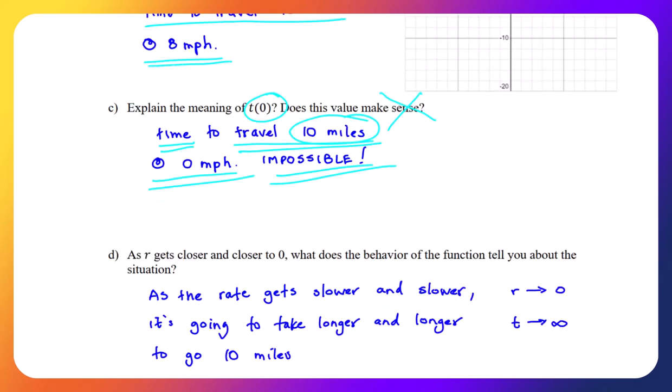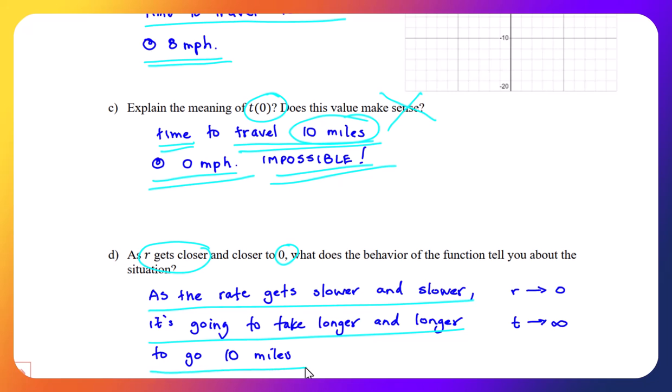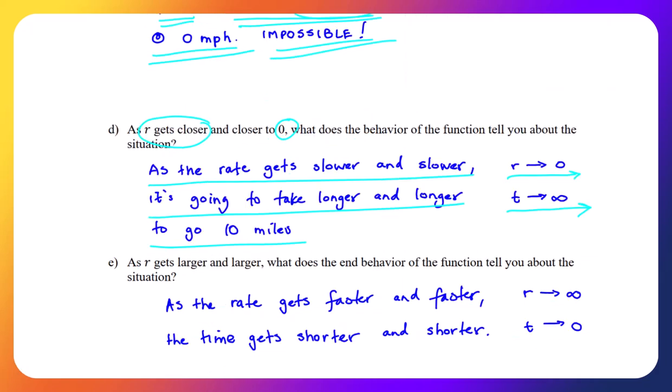So for part D, as r gets closer to 0, then the t of r, the time, gets higher and higher. As the rate gets slower and slower, the time is going to be longer and longer to go the same 10 miles. So as the r, or the rate, goes to 0, the time is going to go to infinity.